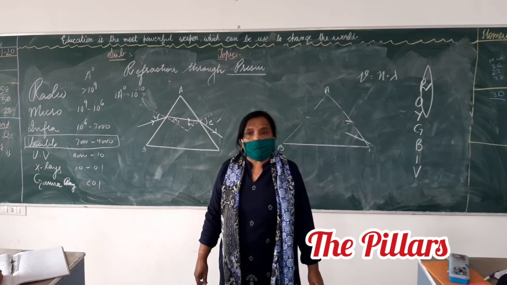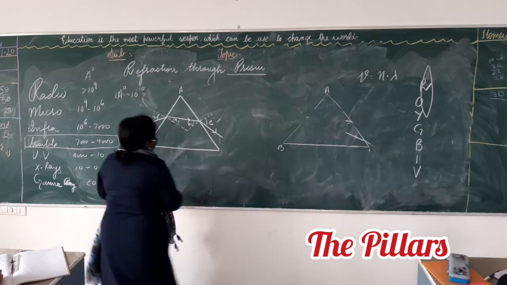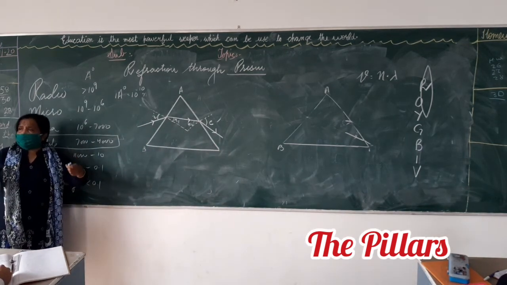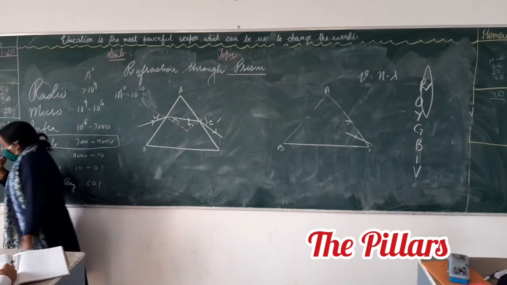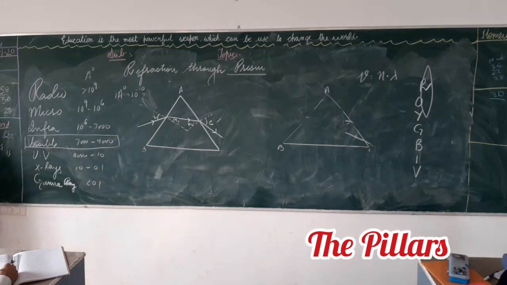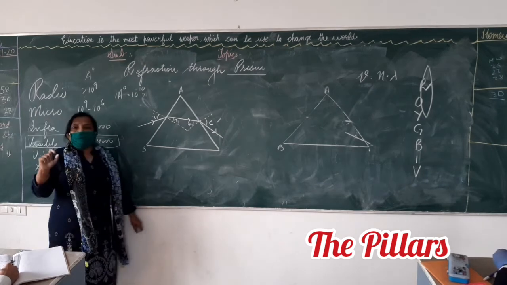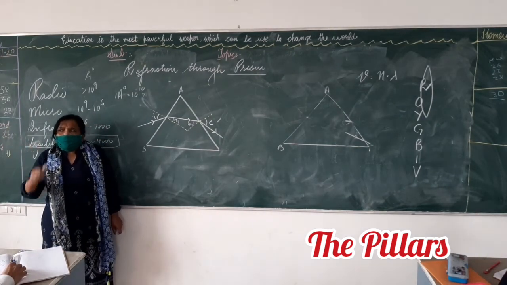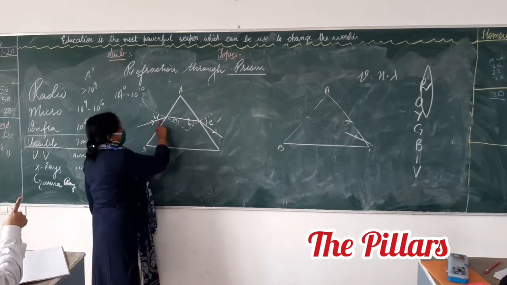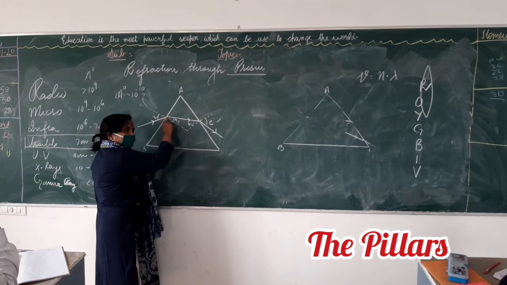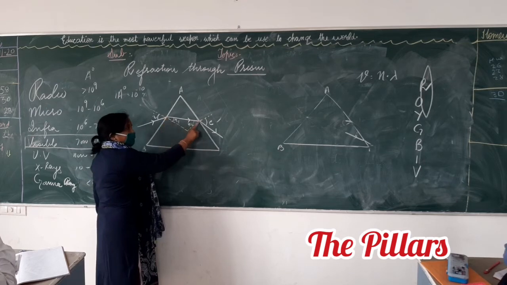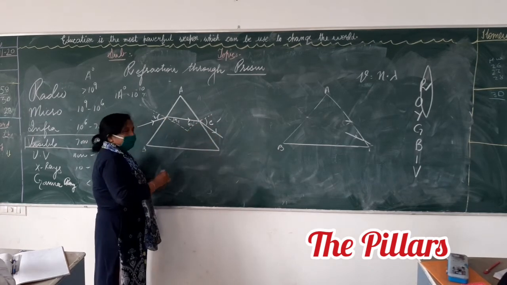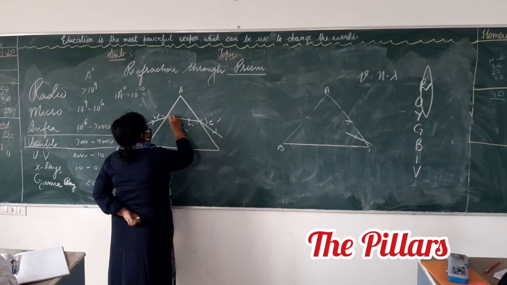Please look here. Look onto the board. I want you to answer me. What did you write, children? Angle between the incident ray and the emergent ray. Which one is the incident ray? And which one is the emergent ray? Can they be somewhere outside the prism? No, inside the middle.